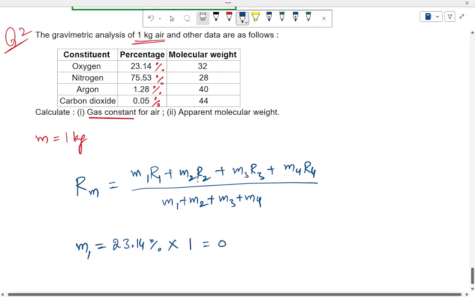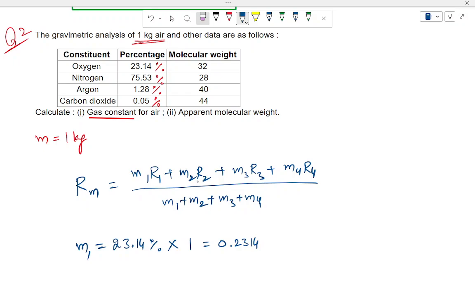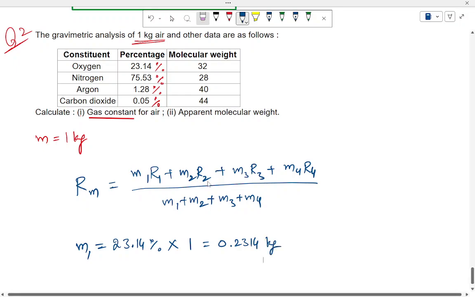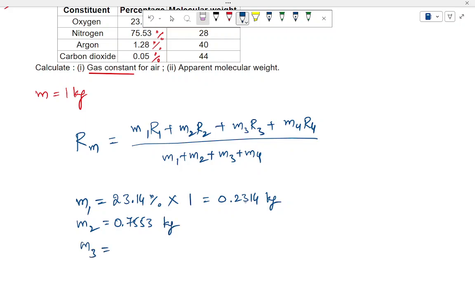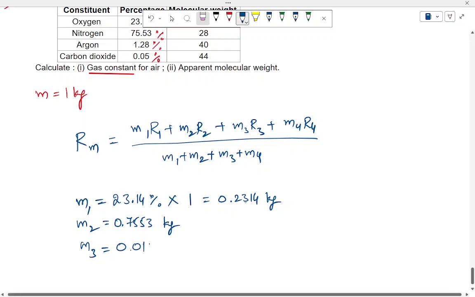If I do that, I'll get 0.2314 kg, and similarly I'll get M2 as 0.7553 kg, and M3 as 0.0128 kg, and M4 as 0.0005 kg. Okay, so these are the M values that you are getting here.